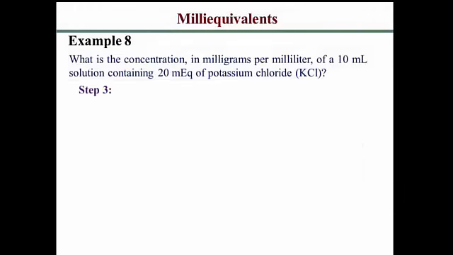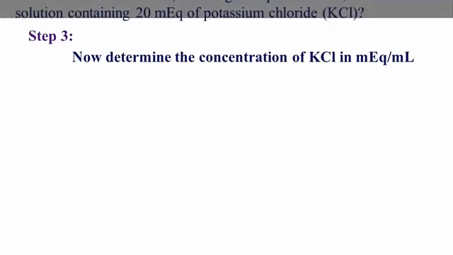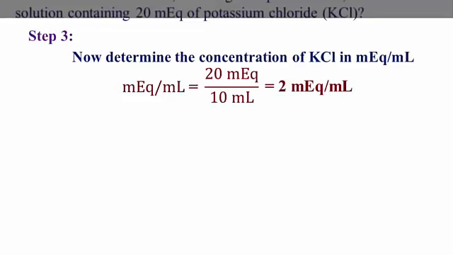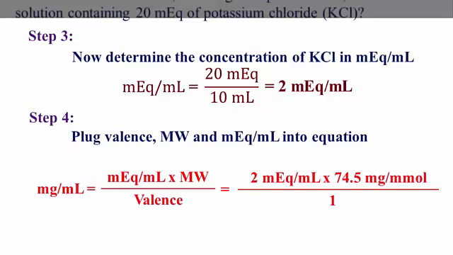The next thing we want to do is determine the concentration of KCl in milliequivalents per milliliter. That's the last term that we need. So you have 20 mEq divided by 10 ml, which is 2 milliequivalents per milliliter. We now substitute that data into the equation. You plug the valence, molecular weight, and the concentration in mEq per ml into the equation.